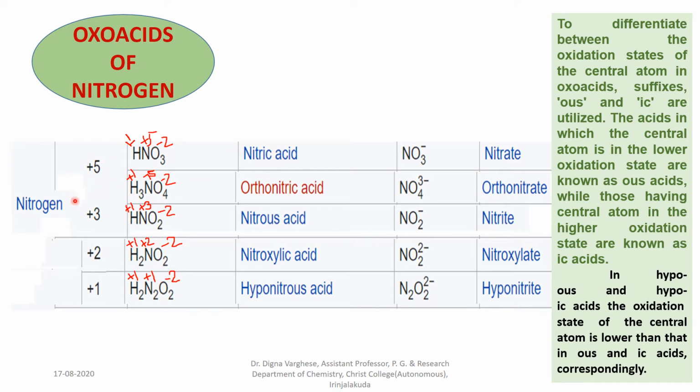So the central atom with higher oxidation state ends with ic acid. In hypo-ous or hypo-ic acids, the oxidation state of the central atom is lower than the corresponding ous and ic acids. We can see this from nitrous acid and hyponitrous acid. Nitrous acid has nitrogen in the +3 oxidation state, and in the case of hyponitrous acid, the nitrogen oxidation state is reduced to +1.